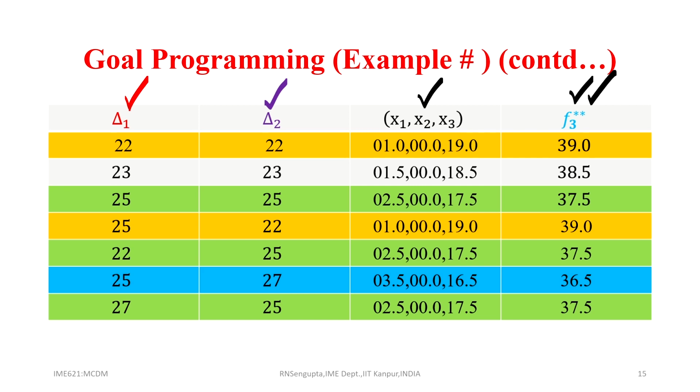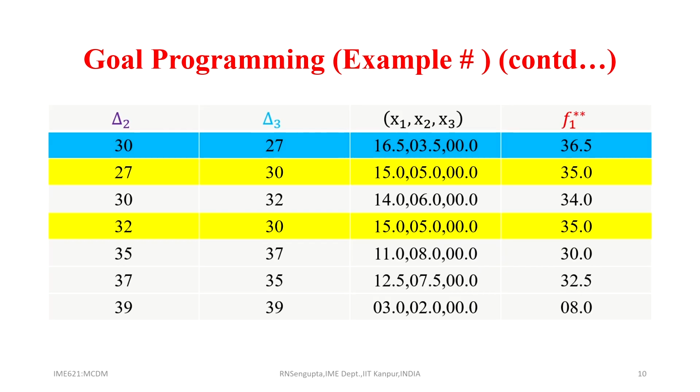And if you see F1 double star, F2 double star, F3 double star, if the values come out to be the same, the x vector, which is x1, x2, x3, obviously changes. So, in the first case, when it is 39 for F1 double star, it was 1910.